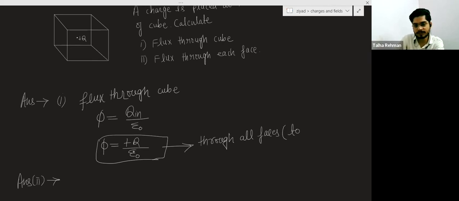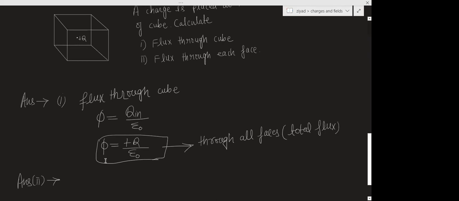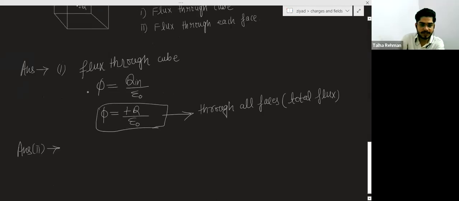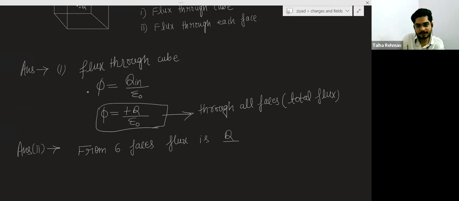This is the total flux through all faces. Means for six faces, if flux is q by epsilon naught, so what is the flux through one face?